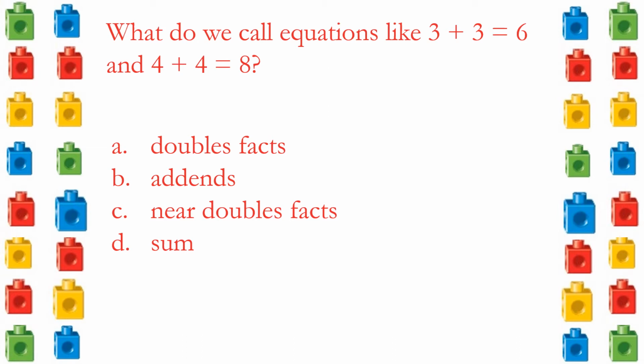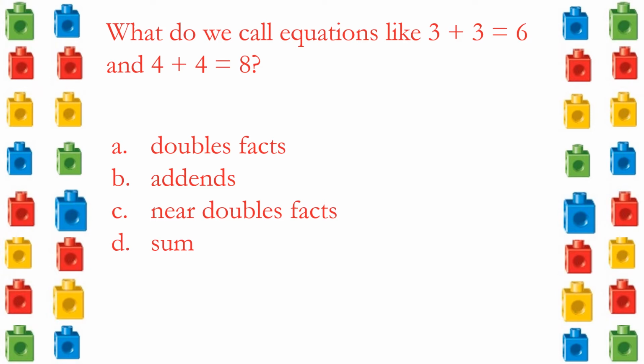What do we call equations like 3 plus 3 equals 6 and 4 plus 4 equals 8? Is it A, doubles facts, B, addends, C, near doubles facts, D, sum? If you need to think about it, you can pause.